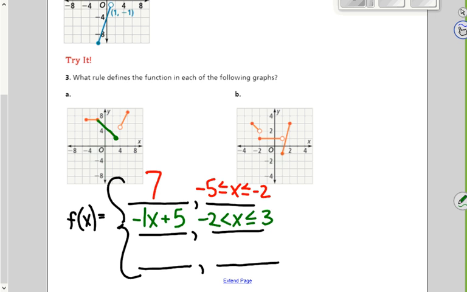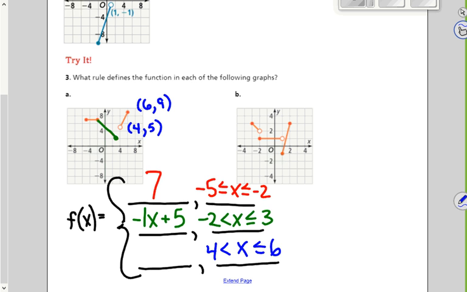The final little piece, I'll do in blue, it looks like it goes from 4, 5 up to 6, 9. So the x's go from 4 to 6, including the 6, but not the 4.